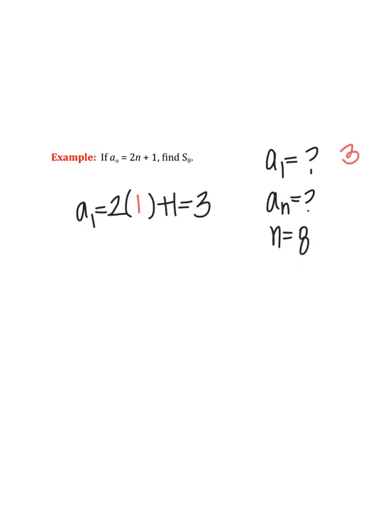So that mystery is solved. And now I need to figure out my 8th term. So 8 times 2 is 16, plus 1, so 17. And so 17 is my term. My 8th term is equal to 17. So then I'm going to substitute these into my formula.